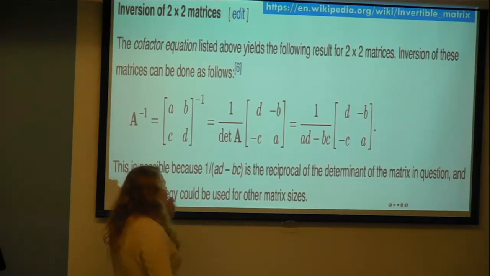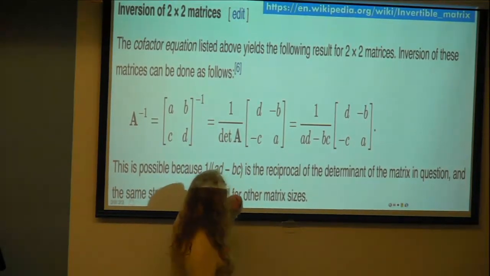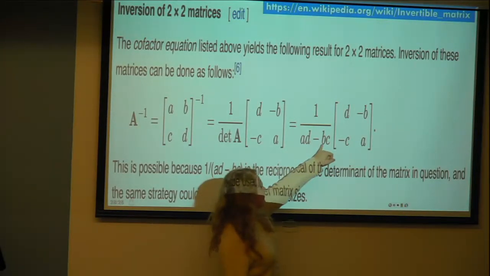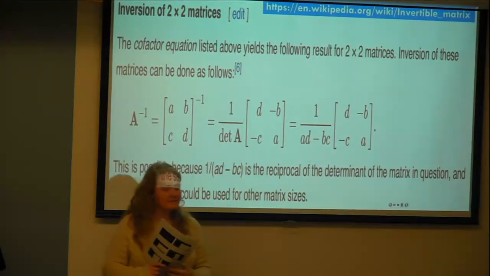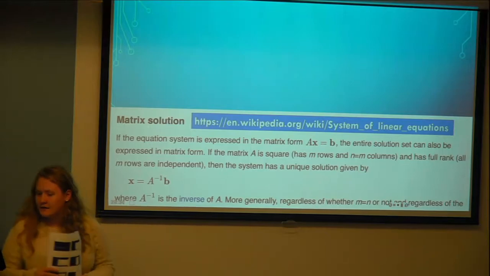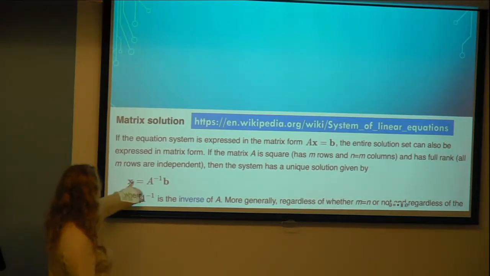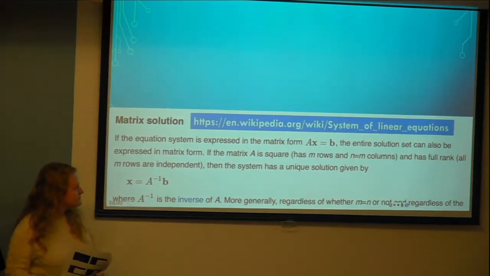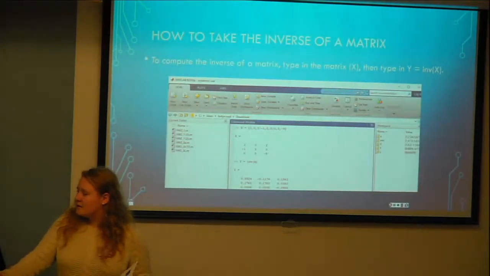So you just, or the determinant, sorry. So you just do 1 over A times D minus B times C times your new matrix. And then this is the matrix solution. So X equals your inverse matrix times B, which would be a different matrix.